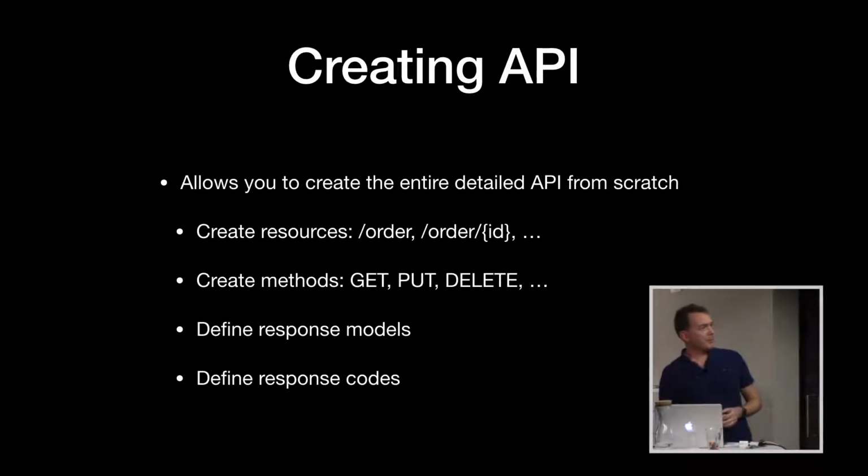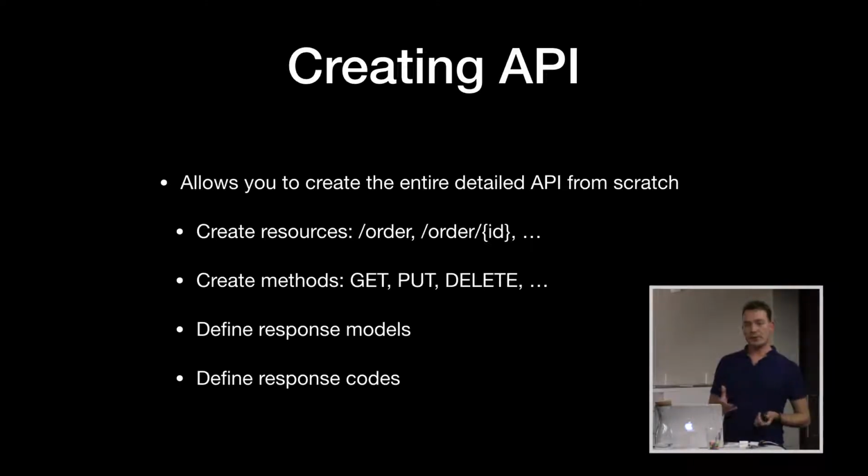So how do you create an API? You need to see the API gateway as a way that you create the entire API, every endpoint, but also all the responses. You define it very precisely, everything it can do. Also, if you do that, you'll never have any unexpected responses from your API.